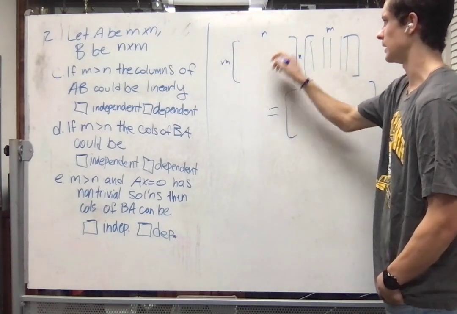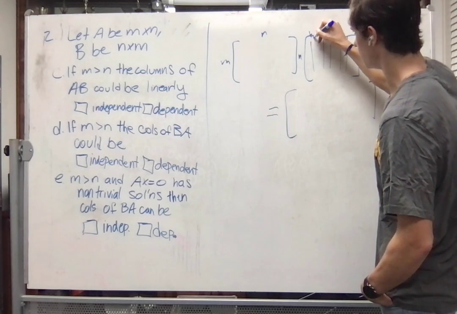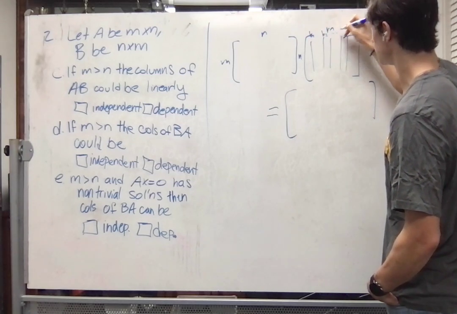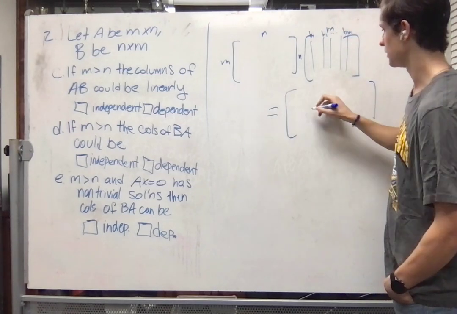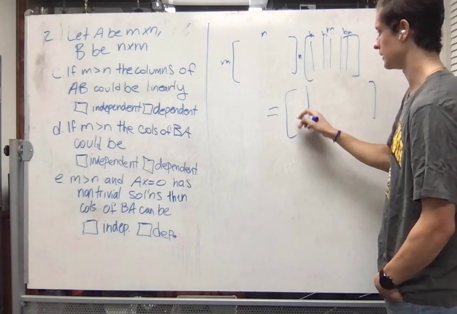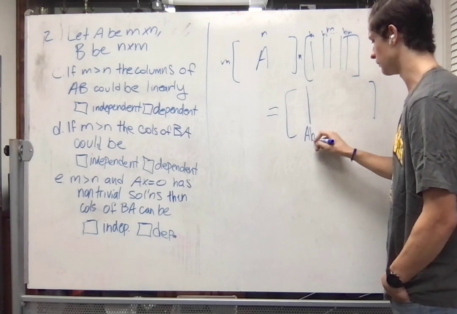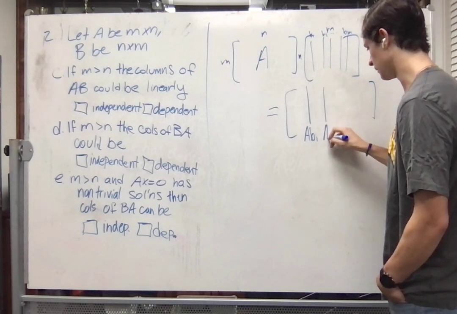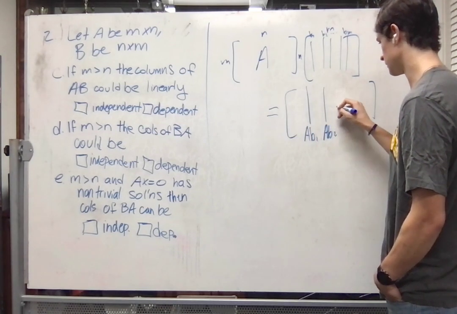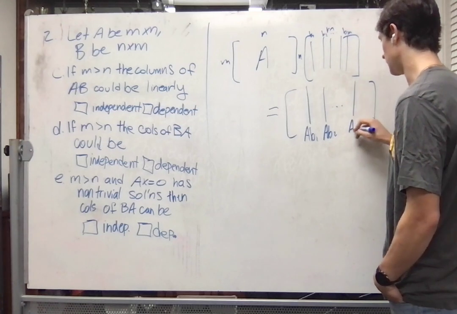So if we call this A, and we call these B1, B2, dot dot dot, Bm, this first column is going to be A B1, A B2, dot dot dot, A Bm.